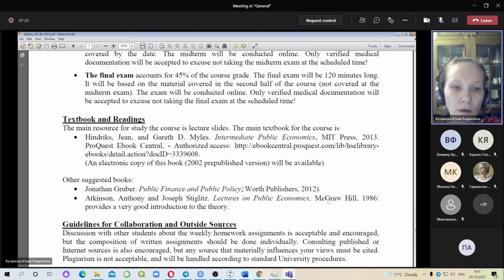So they are pretty much sufficient for us. Okay, so there are other textbooks that are very interesting, like Gruber, Public Finance and Public Policy. It's highly recommended, but not required for this course.